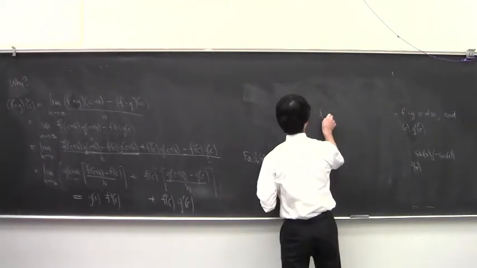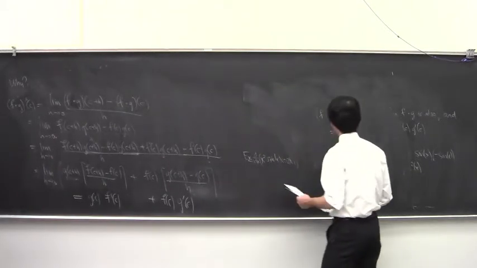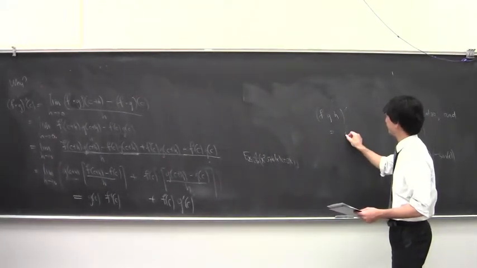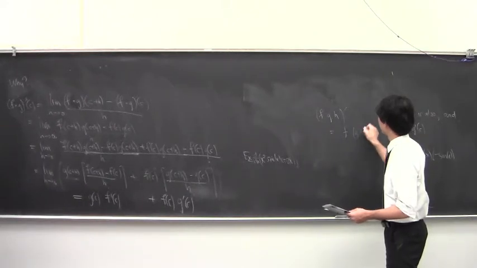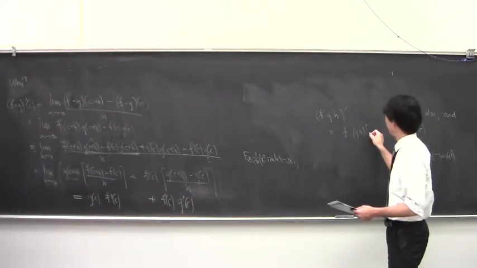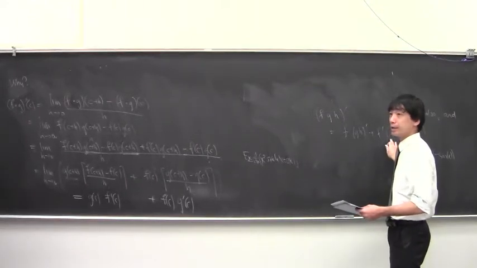If you have three functions and you're taking the derivative of them, well, the product rule says that you can take the first guy times the derivative of the second guy, plus the first guy's derivative times the second guy.